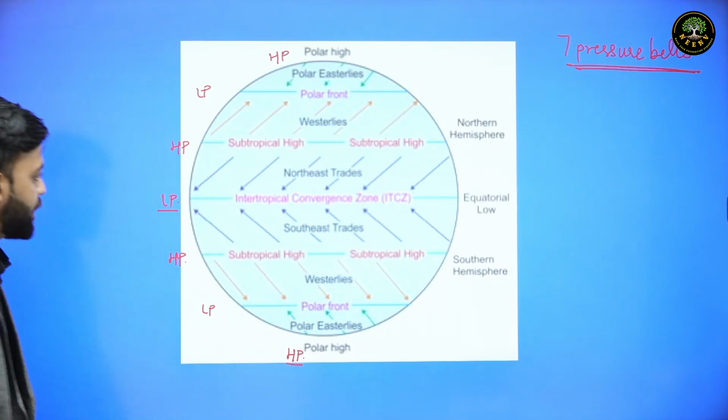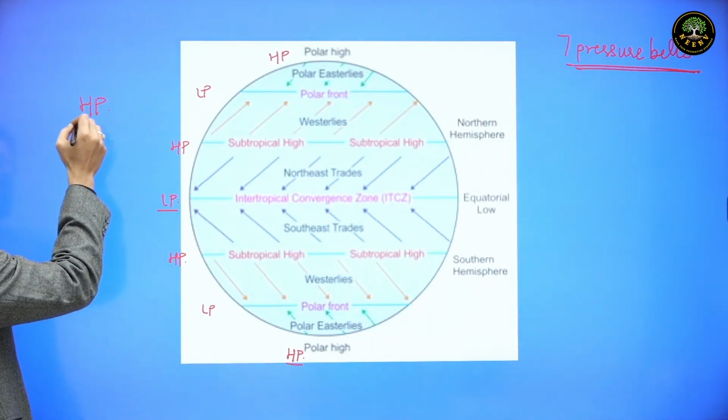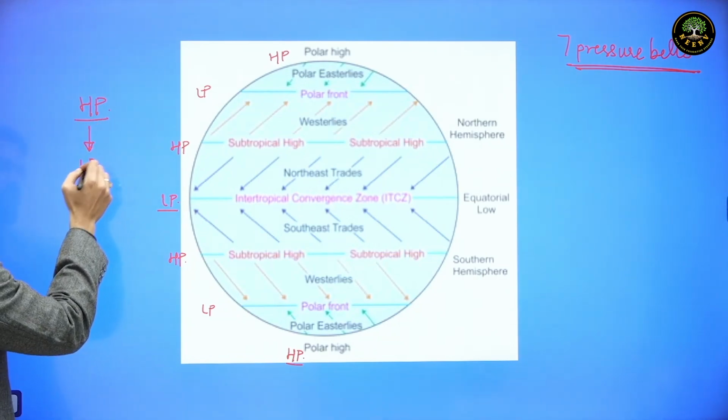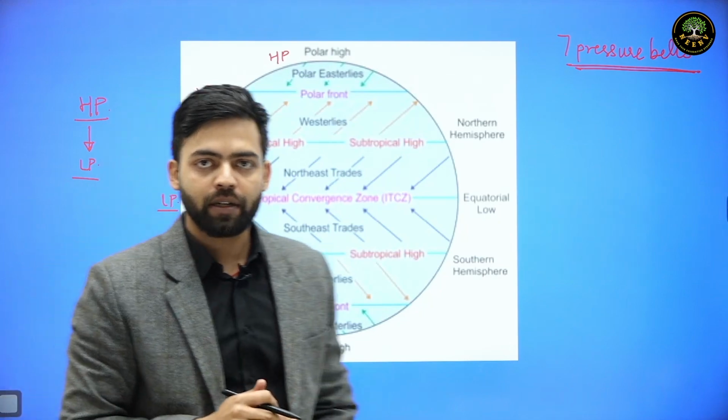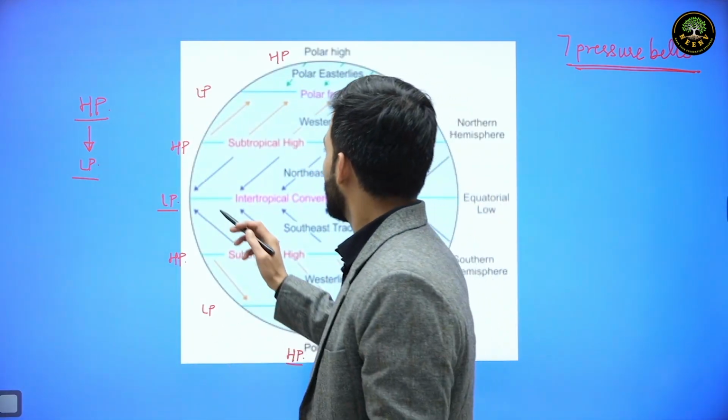pressure. Now we know that wind flows from high pressure to low pressure. Because of difference in pressure, the wind flows from high pressure to low pressure.